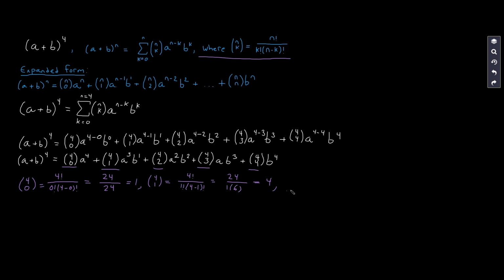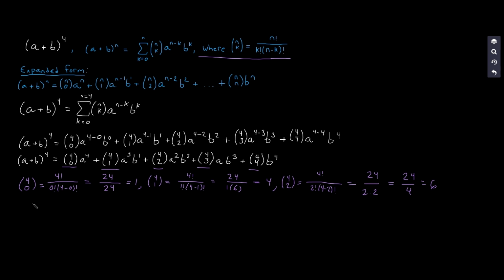The binomial coefficient for our third partial sum is going to be 4 choose 2, and that's the same thing as 4 factorial over 2 factorial times 4 minus 2 quantity factorial. That's going to be 24 over 2 times 2, which is going to be 24 divided by 4, which equals 6.